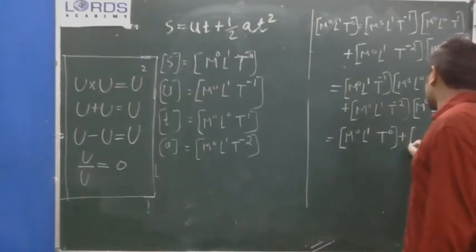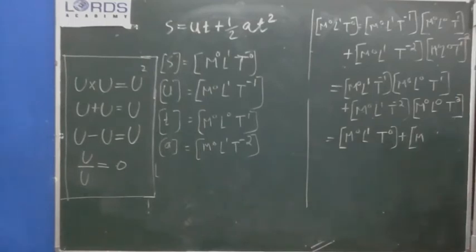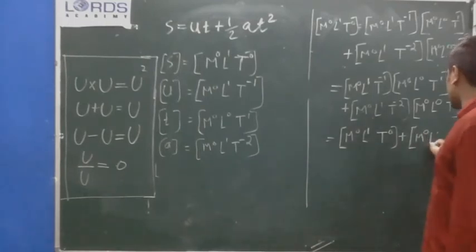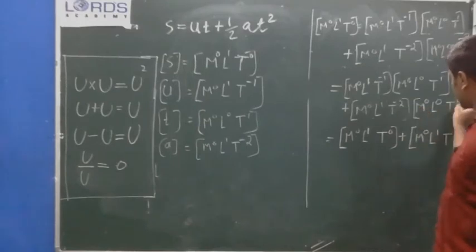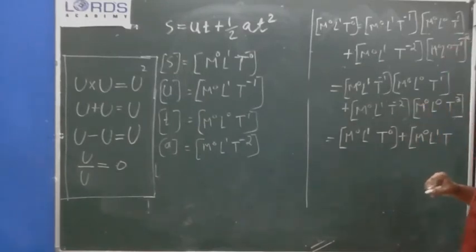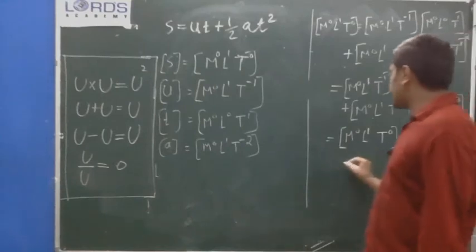Next, plus. Here, M raised to 0, L raised to 1, T raised to minus 2 plus 2, 0. So when we add these two, what will we obtain?